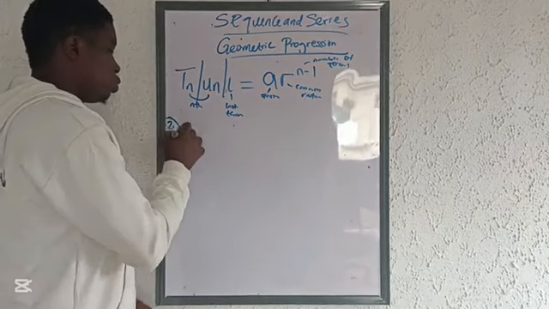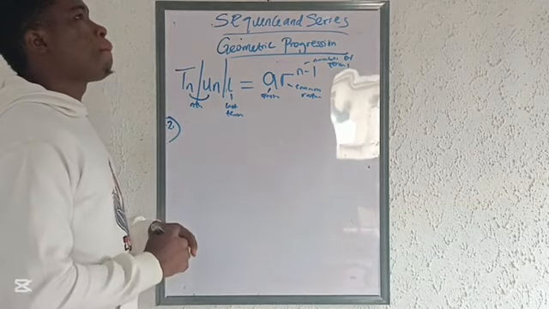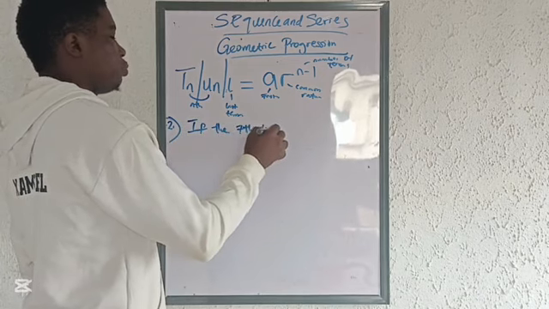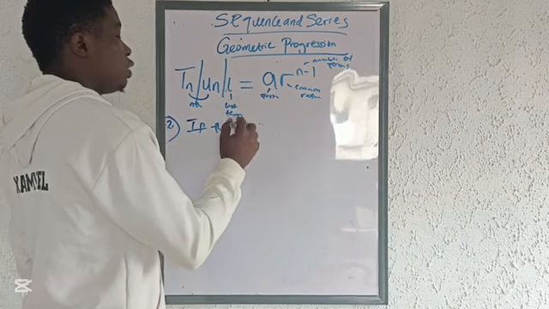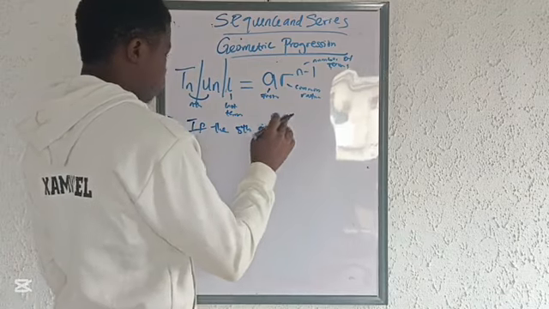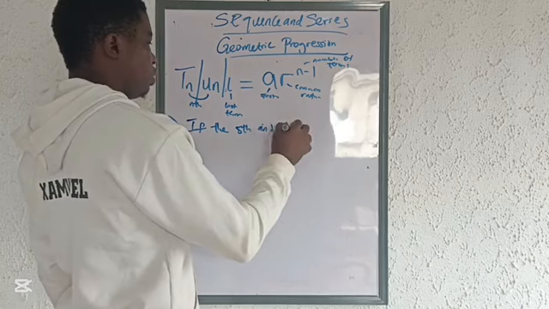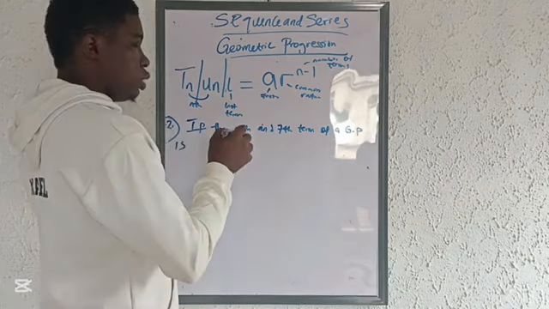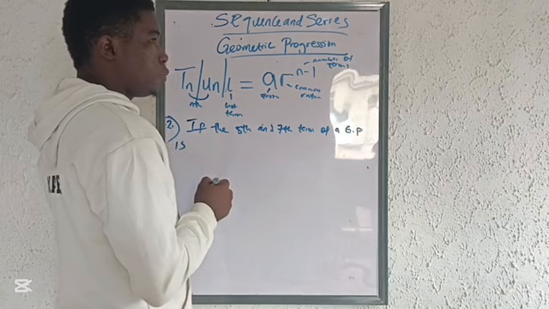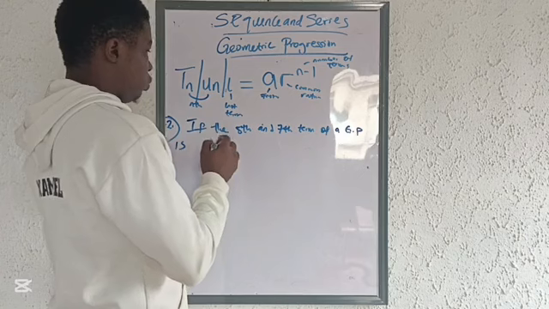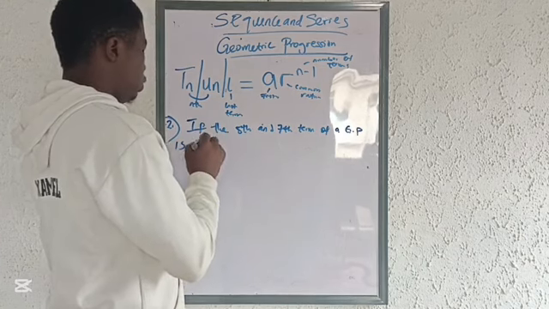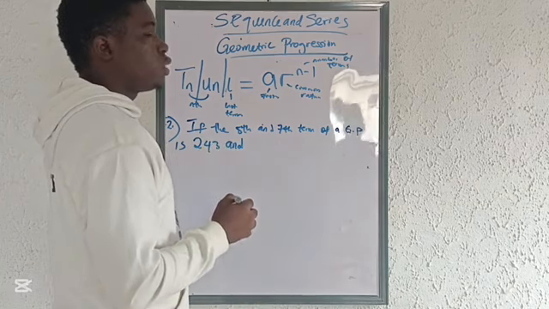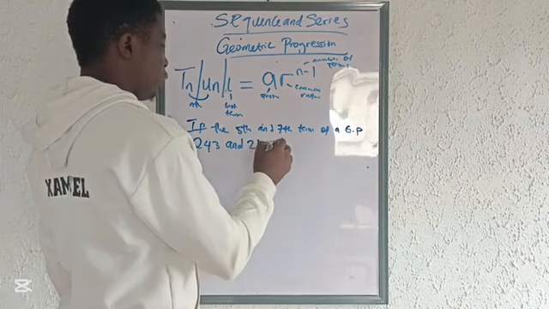So for the second one, we can have a question whereby they will give you the fifth and seventh terms of a geometric progression, let's say the fifth term is 243, and the seventh term is 2187 respectively.